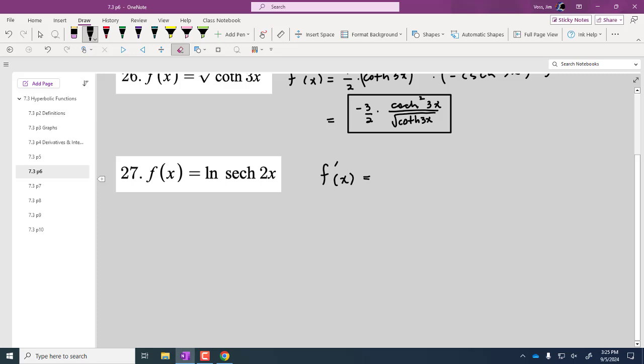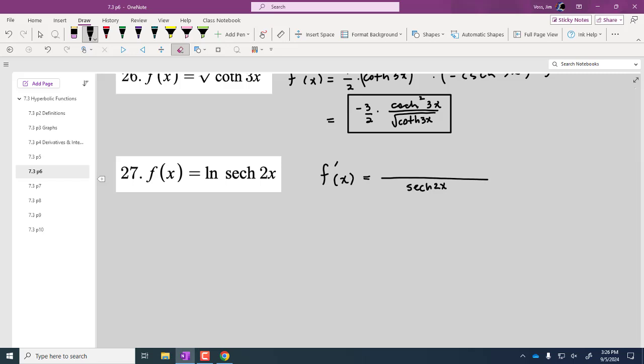Derivative of a log. So you need to know your basic log derivative. And then the chain rule. So basic derivative of a log, 1 over the inside.